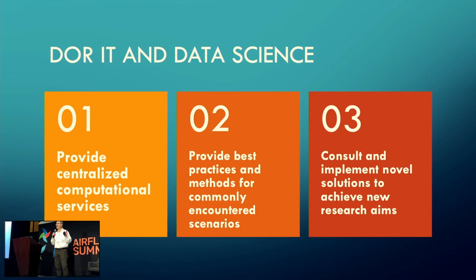The IT and the data science departments within the organization provide centralized computational services to all of those scientists and their staffs. And we provide recommendations and best practices for commonly encountered computational scenarios to achieve the research aims. And we consult with our research staff to implement novel solutions when they have unique problems.